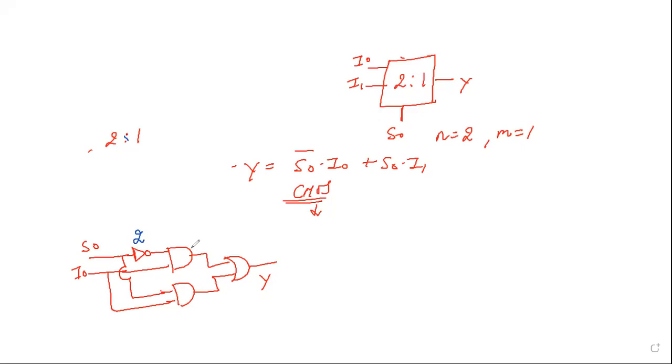Now CMOS is always implementing the inverted logic. So I will require an AND here. This is also inverted, so this is equivalent to NAND only. So this 2 input AND gate is going to require 4.